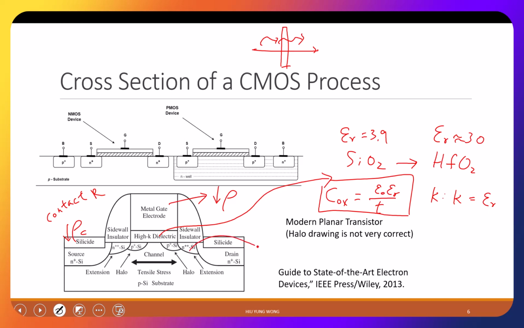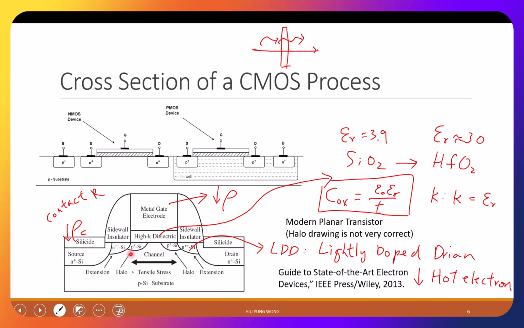I would just call this LDD, lightly doped drain. We won't go into detail. The reason is to reduce the hot carrier, hot electron, to smooth out the electric field. Otherwise, your electron may have too much energy. You will go over the barrier and get trapped by the oxide, and that would degrade your transistor.